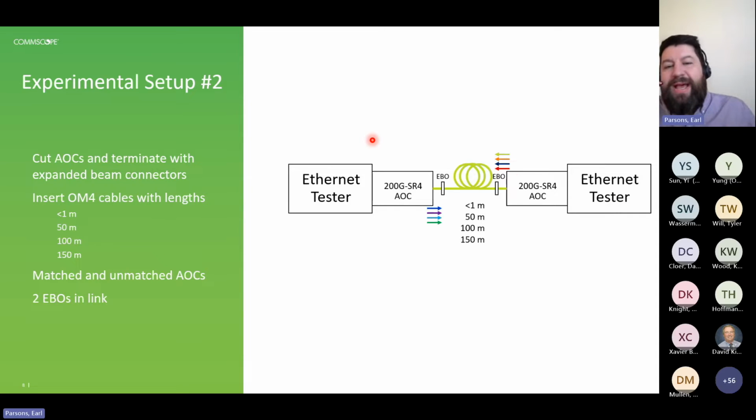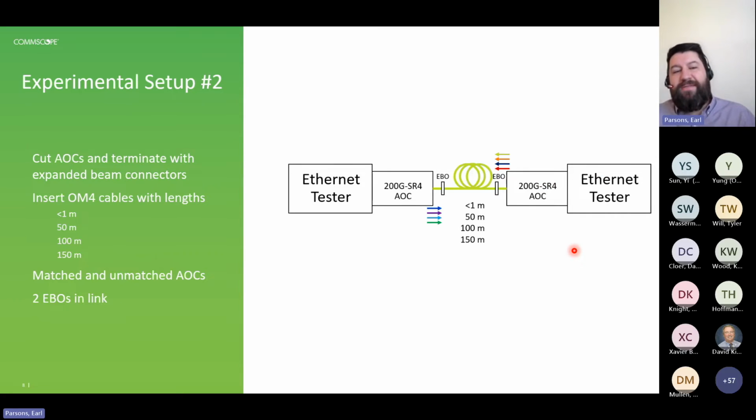So with this scenario, this Ethernet tester again could represent the GPU server in one rack, and then this EBO connection could be at a patch panel at the top of the rack. Then we'd have this cable running from one rack to another patch panel, and then we have a cable from the patch panel to the AOC in the switch.